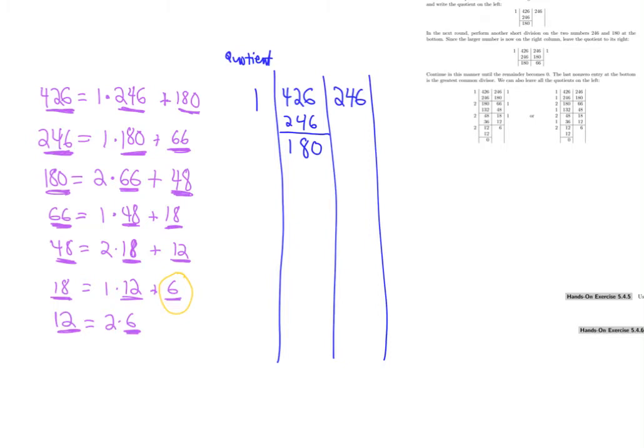Now notice that we have the 426, the 246, the 246, the 180 down here. So 246 and 180 are the numbers we're dividing, which means I should write 180 here. And again, I ask myself, 246 divided by 180, what's the quotient? The quotient is 1. So we write that here. We subtract 246 minus 180, we get 66.